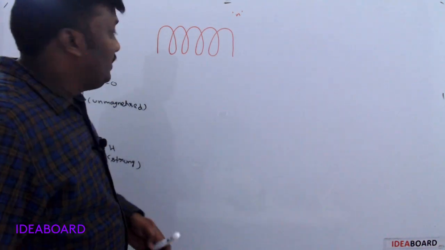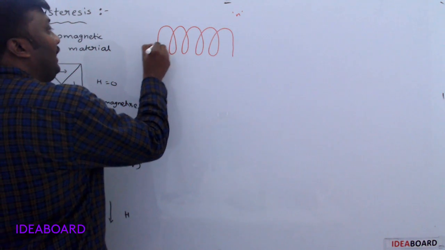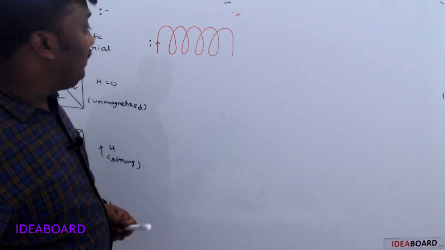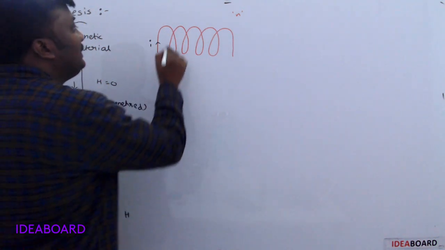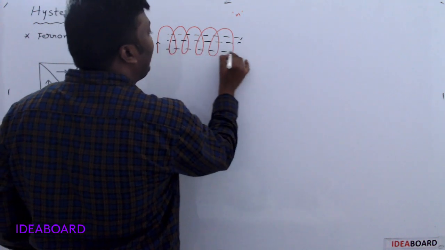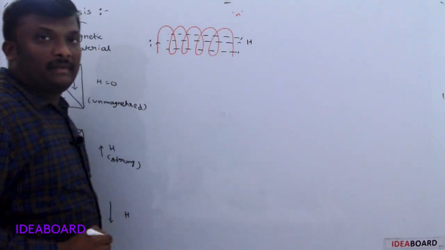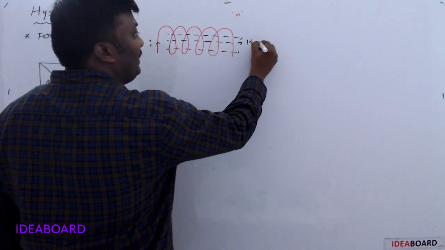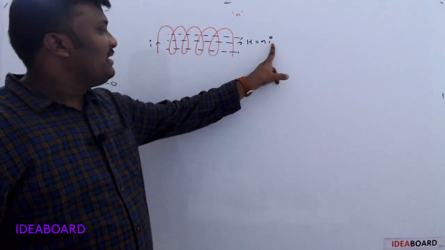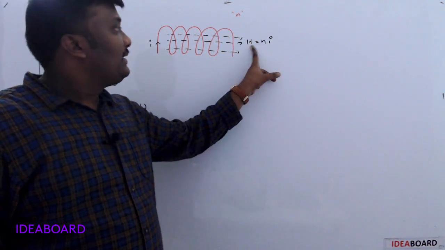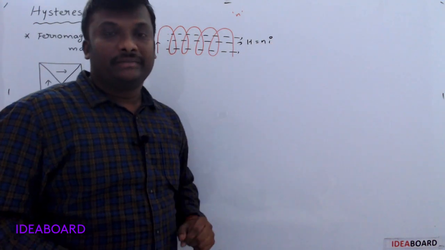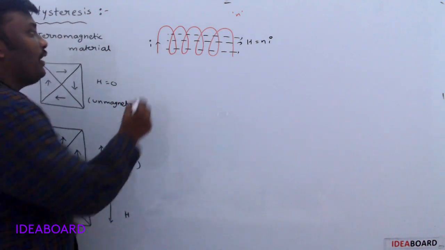If I is the current passing through the solenoid, then inside the solenoid it creates a magnetizing field H, and this magnetizing field depends on the current. If the current increases, H also increases because they are directly proportional. If I increases, H also increases. Clear?